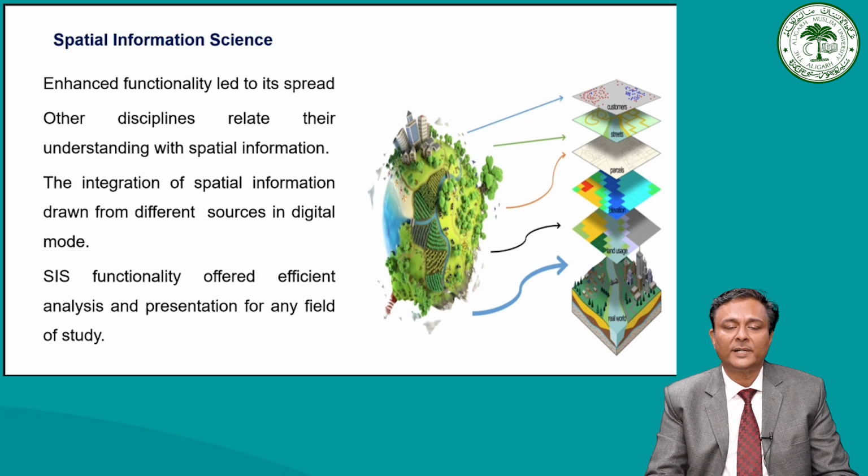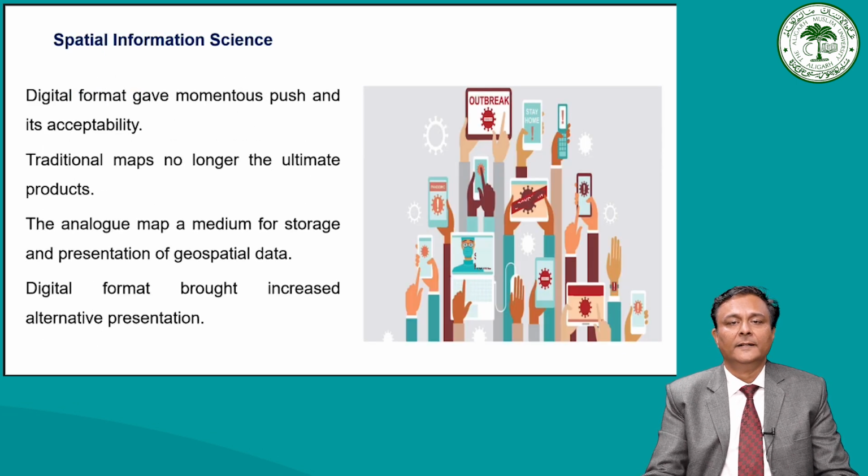One, the improvements in the softwares which were based on spatial information, and this improvement was greatly dependent on the digital technology. So these two, digital technology and improvements in the efficiency of softwares, have both contributed in the improvements and popularization of spatial information science.